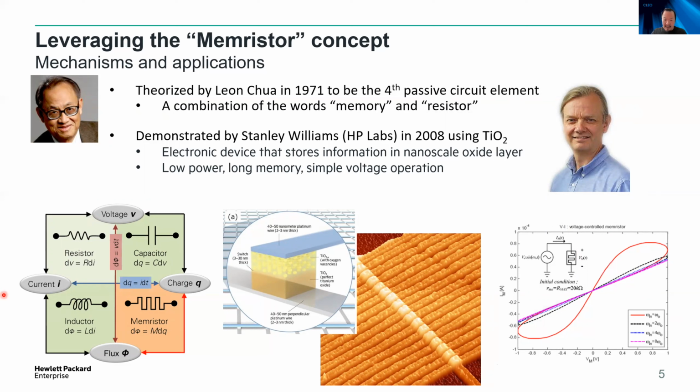A negative voltage pulls back the positively charged oxygen vacancies, and that makes the switch more resistive. What makes the switch non-volatile is that when the voltage is removed, the oxygen vacancies don't migrate. As a result, the IV curve will show hysteresis as shown here.